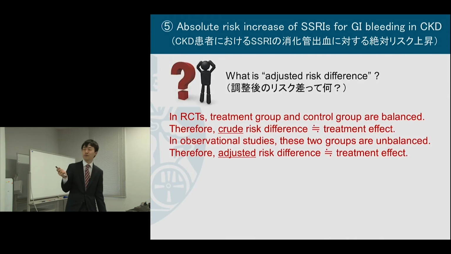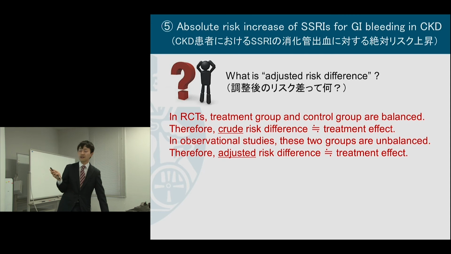But I was confused, because when we usually do statistical analysis or adjusted analysis, it's logistic regression or Poisson or Cox regression analysis to estimate relative risk. But what is risk difference adjusted for confounding factors?